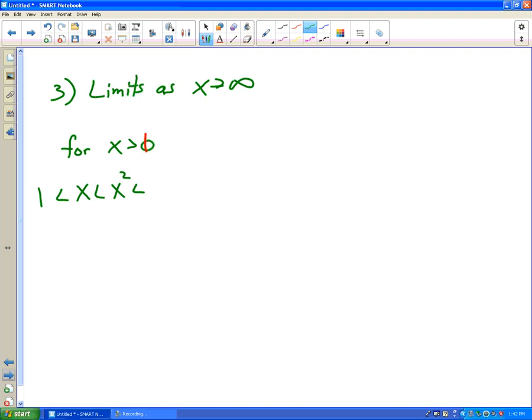That x squared is going to be smaller than x cubed. And that relationship would continue on. So x to the fifth is going to be bigger than x to the fourth, and smaller than x to the sixth. So that lets us look at some limits of real basic things.